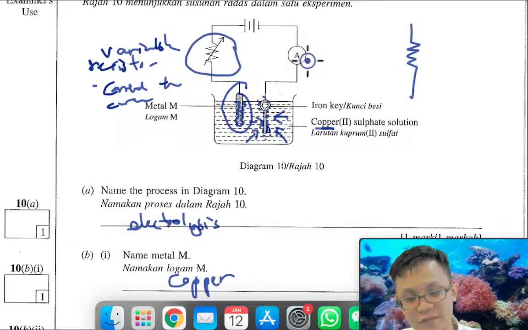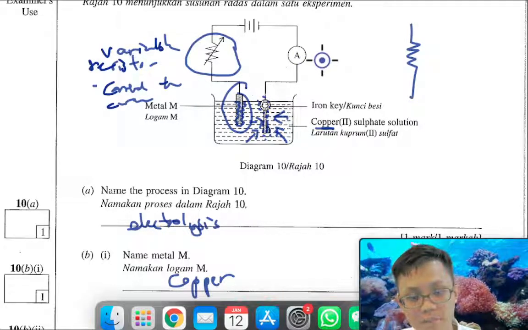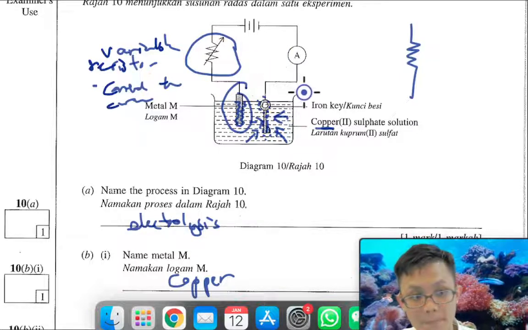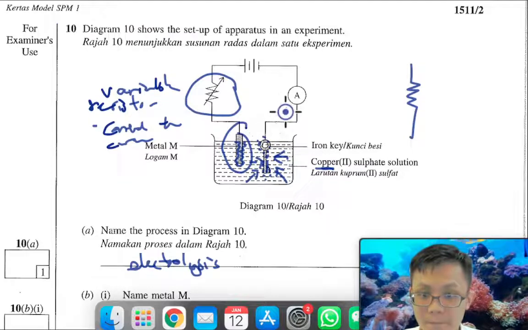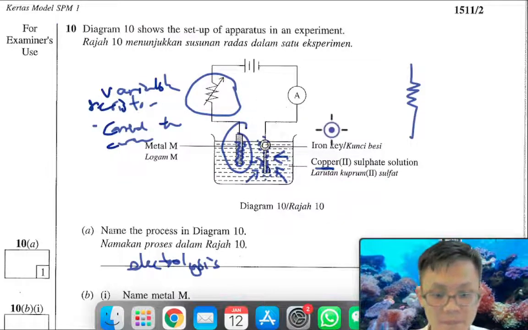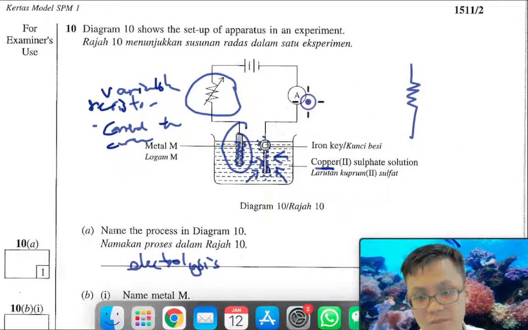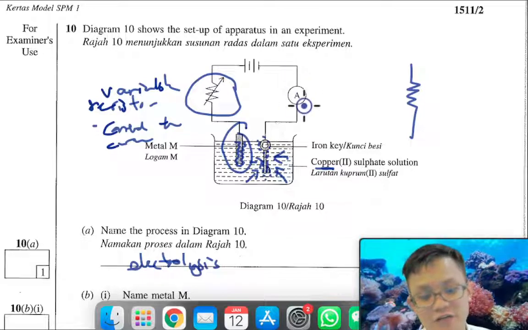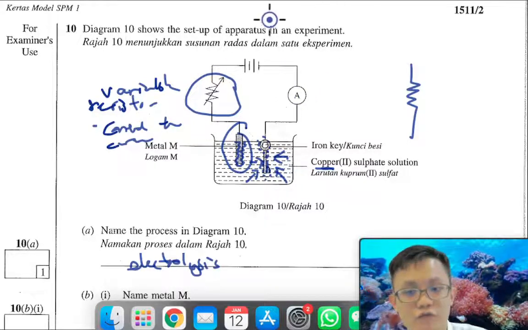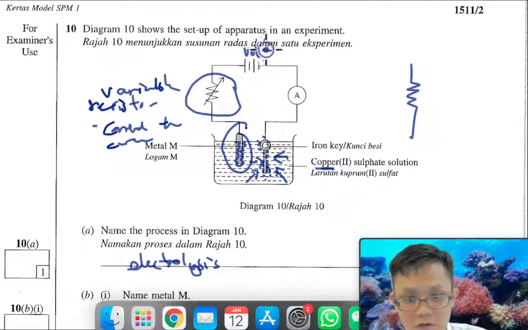What's the function of the ammeter? Ammeter is to detect the current, and another one is the voltmeter to measure the voltage.